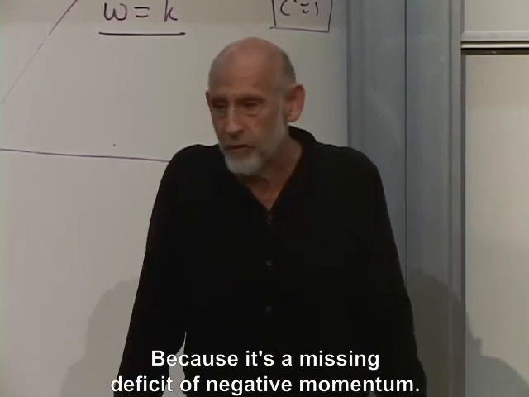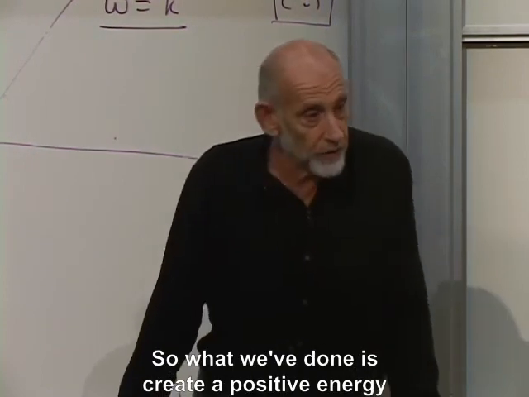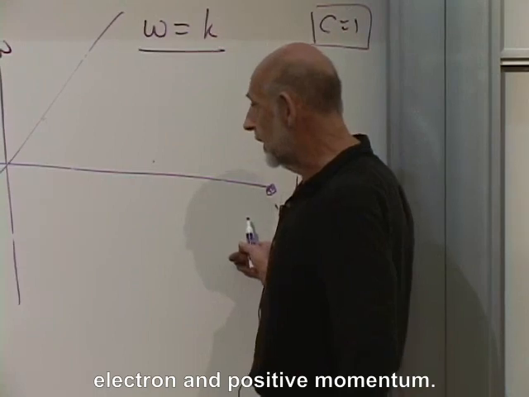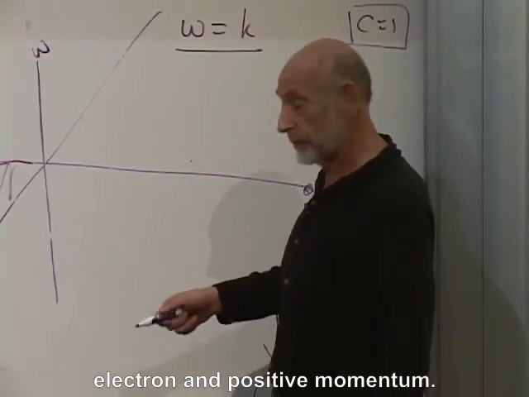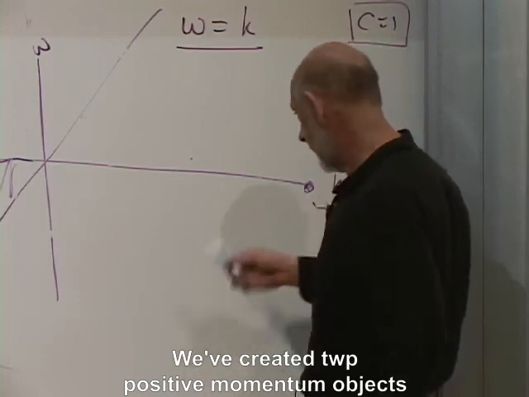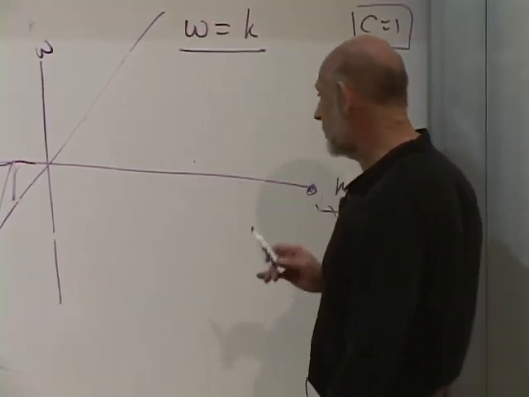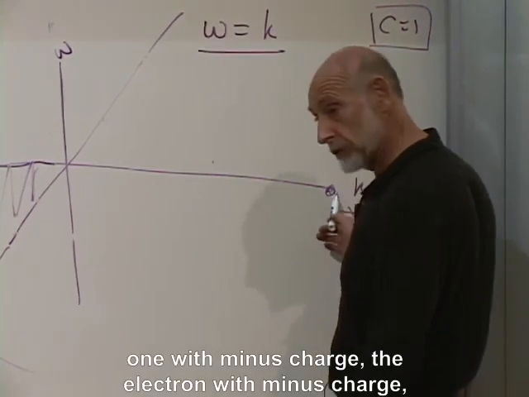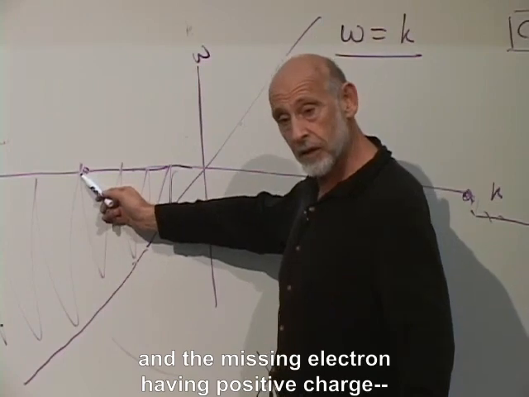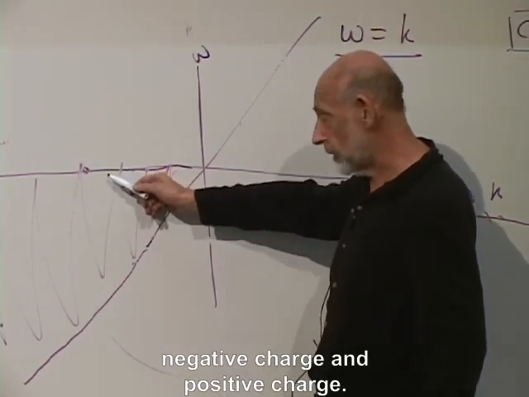Why is it positive? Because it's a missing deficit of negative momentum. All right? So what we've done is create a positive energy electron and a positive momentum hole. We've created two positive momentum objects, both moving to the right. One with negative charge, the electron, and the missing electron having positive charge.